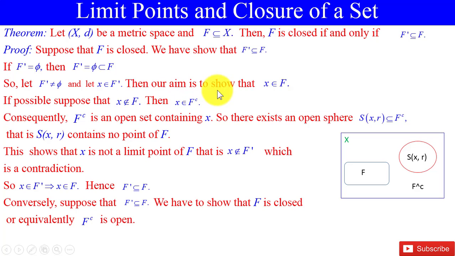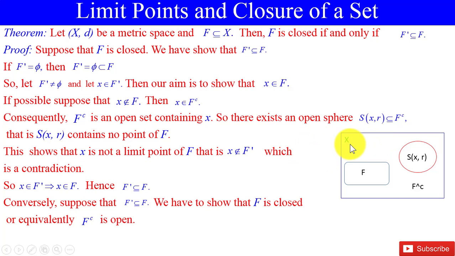Then our aim is to show that x belongs to F, that is, we have to show that F dash is contained in F. If possible, suppose that x does not belong to F, then x must belong to its complement F complement. This is the outer area of the boundary of F.